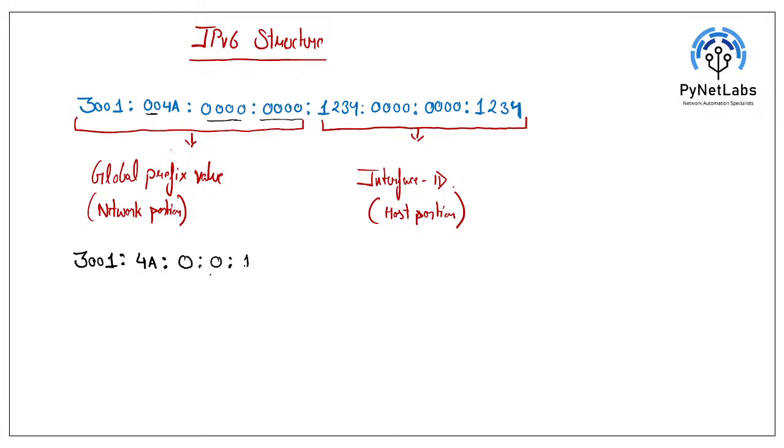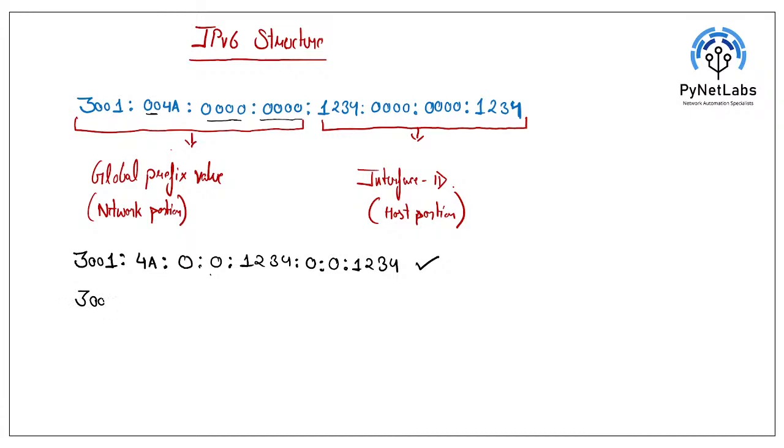Then again we write 1 2 3 4, colon 0 colon 0, and again 1 2 3 4. This is one way of writing the IPv6 address, and we have made it shorter. Comparatively, you can see it's pretty short now. But if you want to make it even shorter, that too is possible.